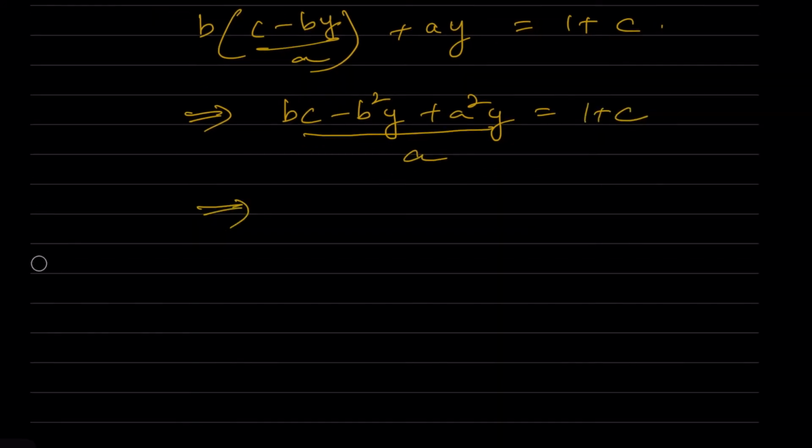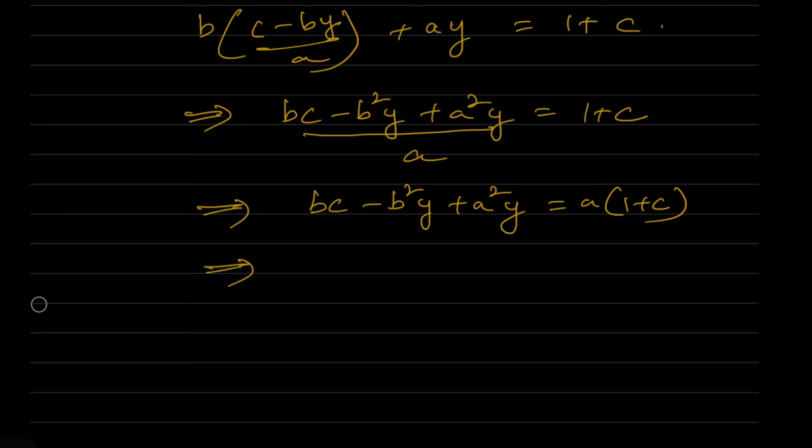So cross multiply this now, is equal to 1 a plus ac. So putting each and every step over here, going step by step, whatever we get, we'll see.